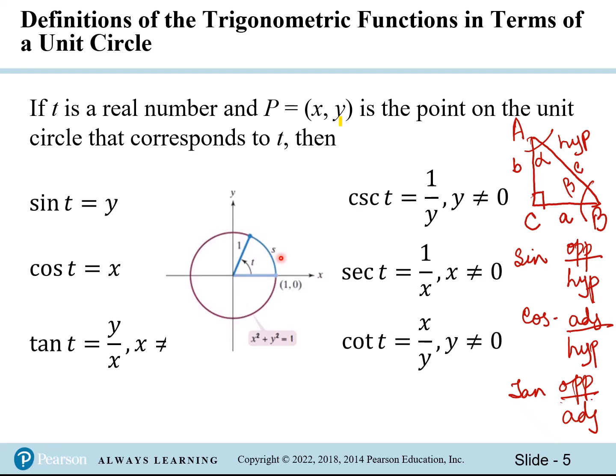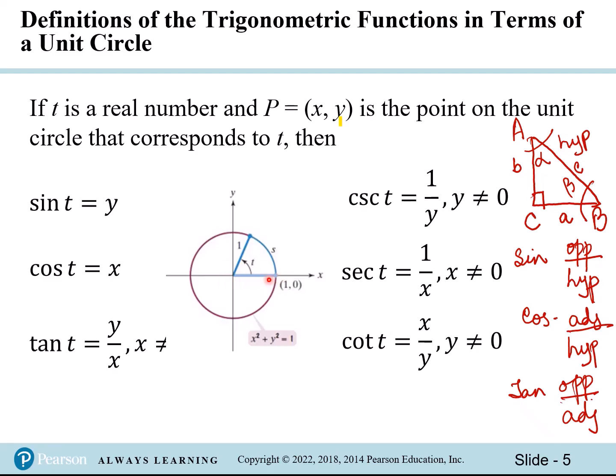Now, what we do is we take a point on the terminal side. So in this picture over here, you see the initial side always lies along the positive x-axis, and the terminal side is the side that moves about the point of origin to form an angle with the x-axis, correct?